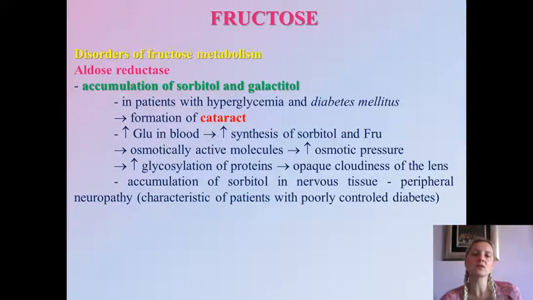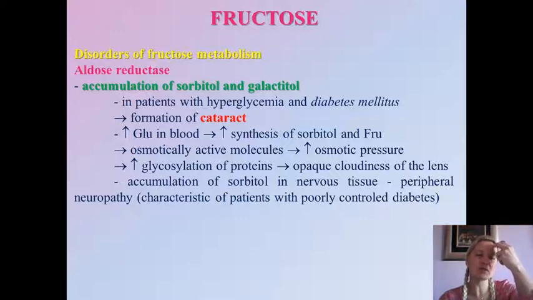So when the concentration of glucose is high in blood, it increases the synthesis of sorbitol and fructose, and both of those are osmotically active molecules, so as a result you're going to have an increased osmotic pressure. Apart from that, you have the glycosylation of proteins, which leads to the formation of that characteristic opaque cloudiness of the lens.